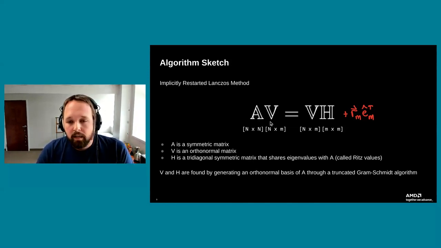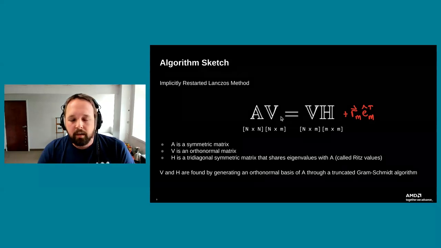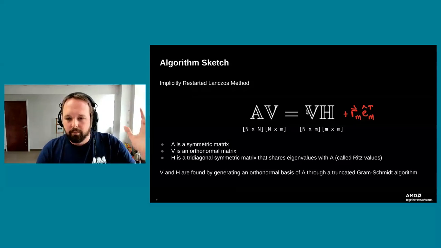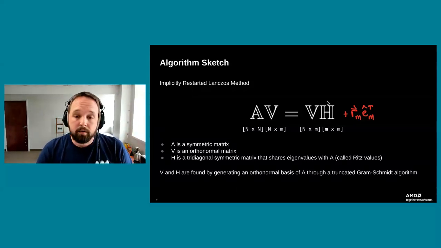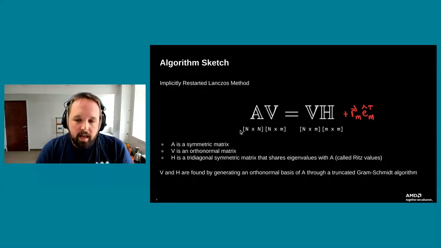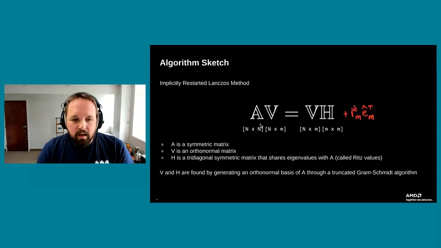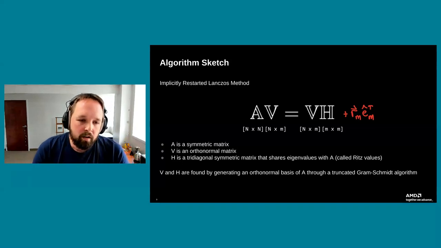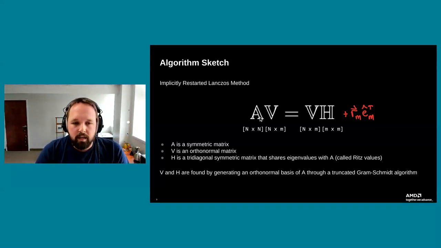We construct a basis of column vectors to project on that are stored in this matrix V, and that gives us, on the other side, an equivalence to that same V matrix whose column vectors you're projecting onto, and a matrix H. Now the key thing here is that if I have an n by n matrix, so if I have my 500 by 500 grid, A would technically be a 500 squared by 500 squared matrix. M, this little m here, we can choose to be a much smaller number, so we can establish an equivalence between A and this matrix H.